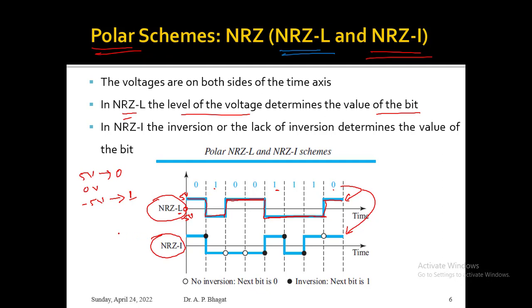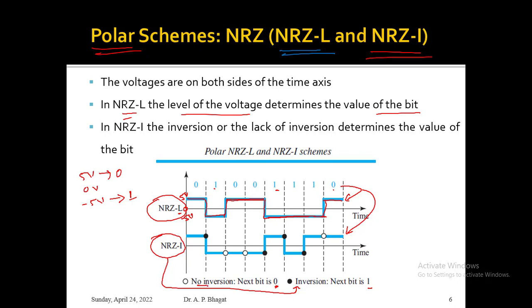In case of the NRZ invert scheme, inversion of the signal will be carried out at 0 or it can be carried out at 1. In this case, the inversion of the signal is carried out when the next bit is 1, correct? So for a 0 bit there is no inversion. Inversion means simply the signal is getting changed; it will be crossing the axis.